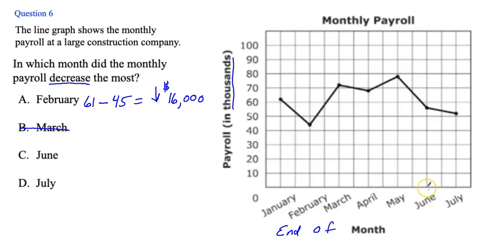So here's June. This represents the end of the month. This is about the beginning of the month. And we will subtract. So at the beginning of the month, the payroll was about, I don't know, 79,000. Just estimating. And at the end of the month, it was about 55,000. I'll subtract those two amounts to find the change. And that equals 24,000. And it went down.